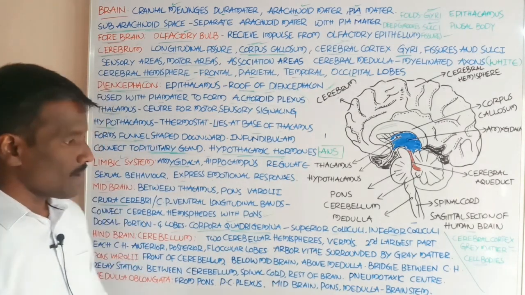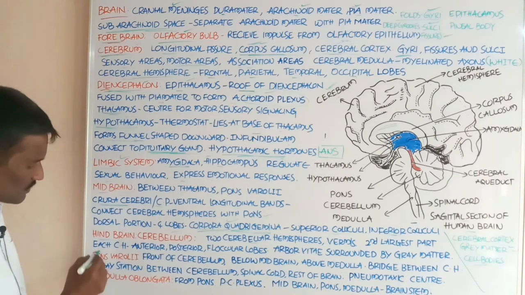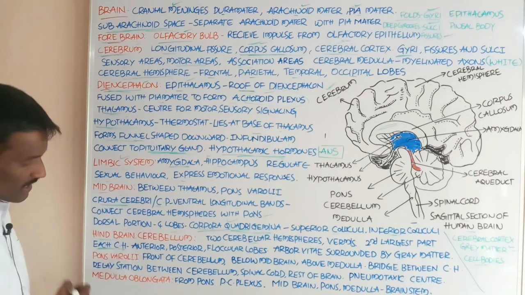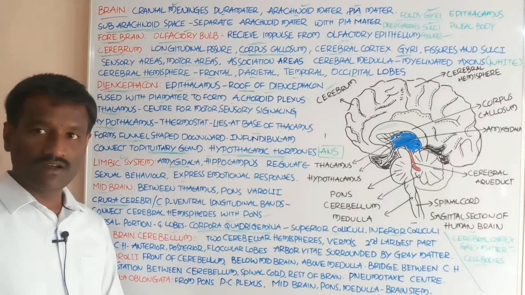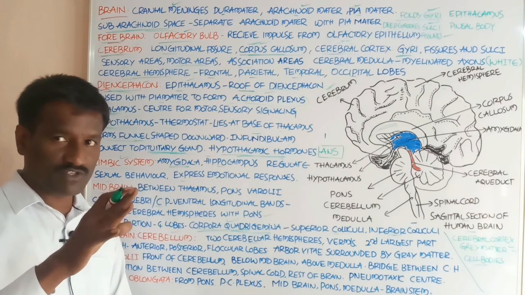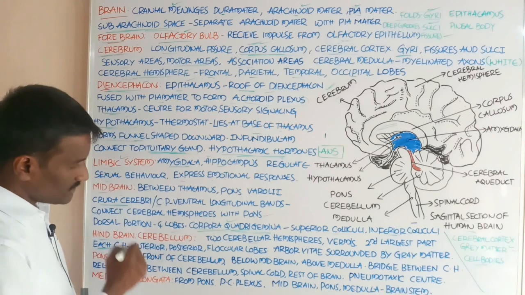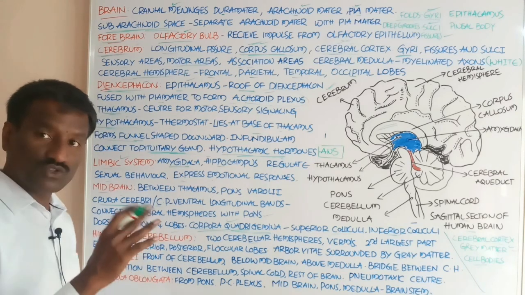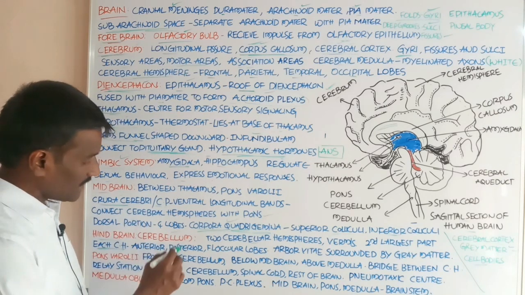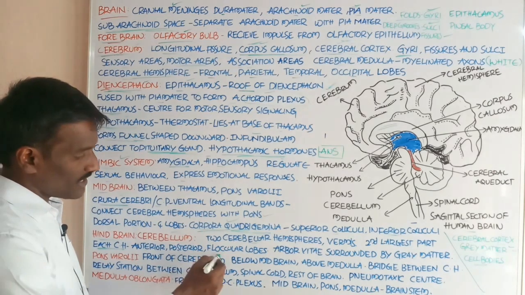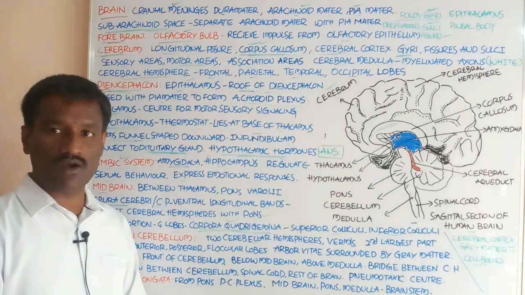Each cerebellar hemisphere, not cerebral hemisphere, divides into 3 lobes: anterior, posterior, and flocculonodular lobes.